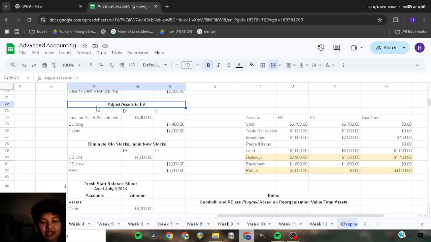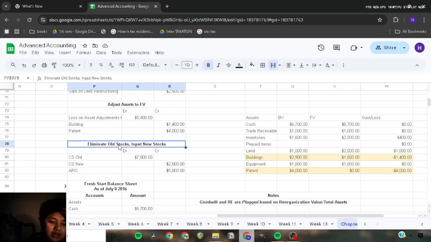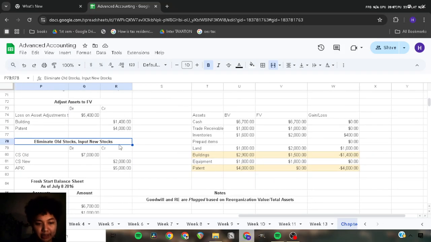But yeah, we want to adjust assets to fair value, and we also want to eliminate the old stocks and input the new stocks because you're reorganizing. So your stocks are going to be new, right? So you eliminate old stocks in debit, and you put new stocks as well as the additional paid in capital. Because for the calculation, yes, there is additional paid in capital.